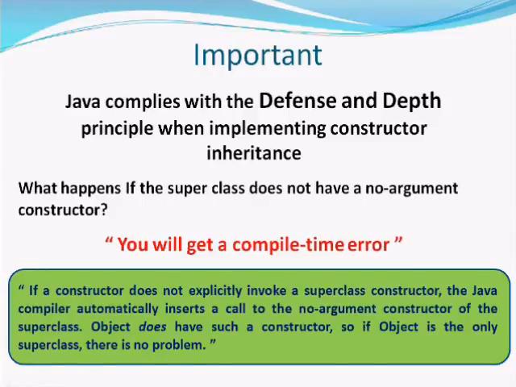Java complies with the defense in depth principle when implementing constructor inheritance. You don't have to provide any constructors for your class, but you must be careful when doing this. The compiler automatically provides a no-argument default constructor for any class without constructors. This default constructor will call the no-argument constructor of the superclass.